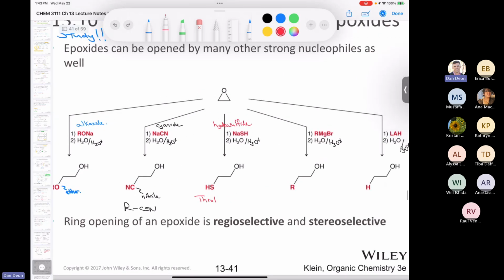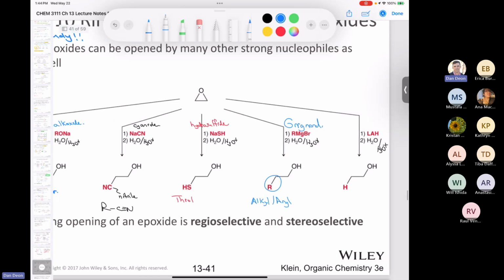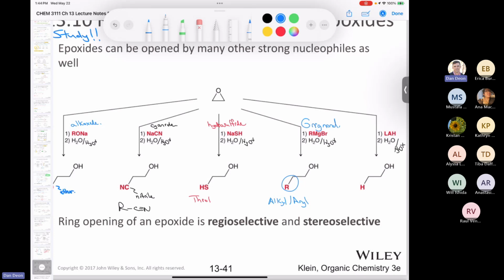Okay. The next one, I know you know that one, right? That's a Grignard. So if you use a Grignard reagent, in that case, you just alkylate. So you just add a carbon. So we'll just put alkyl/aryl. It could be an aryl Grignard as well. And then the last one is lithium aluminum hydride. So we'll just write here, I use my black pen.